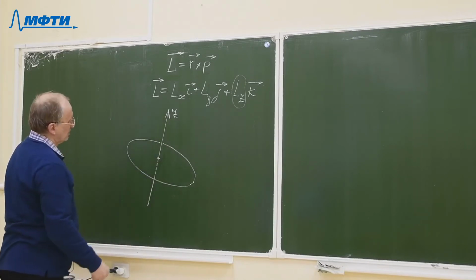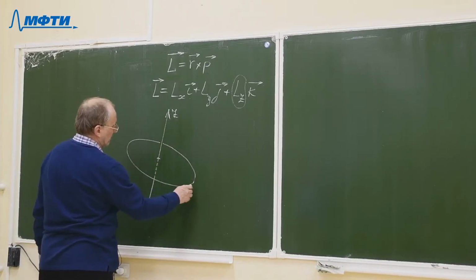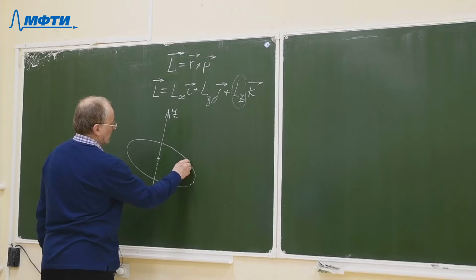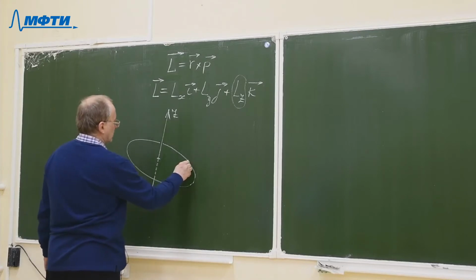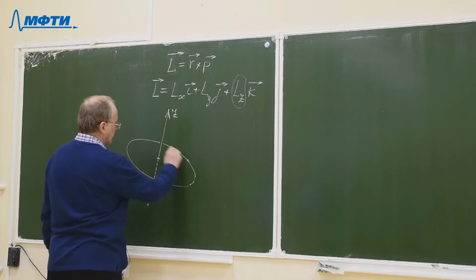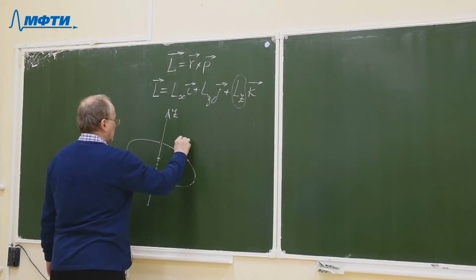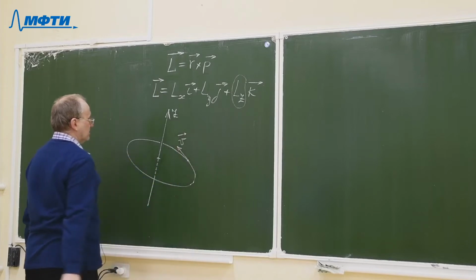So that if this body rotates, then the velocity of this point is directed along the tangent line to the circumference, to the trajectory, and it will be the vector of its velocity.